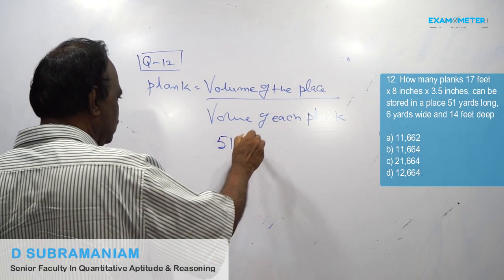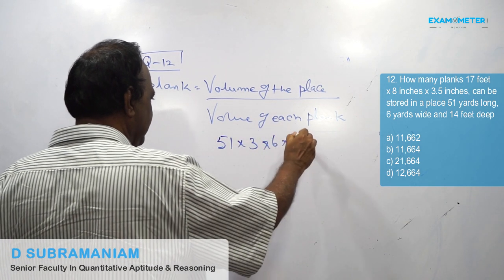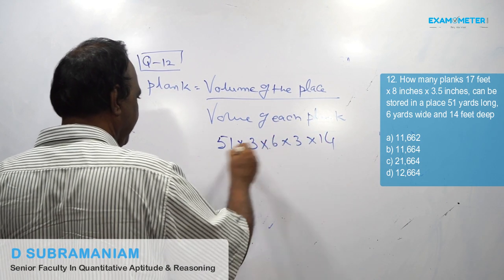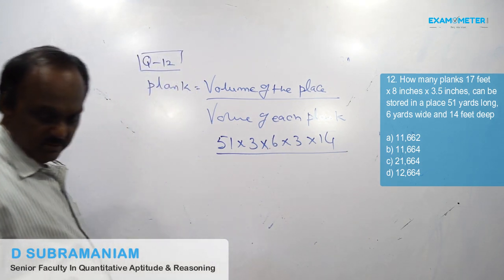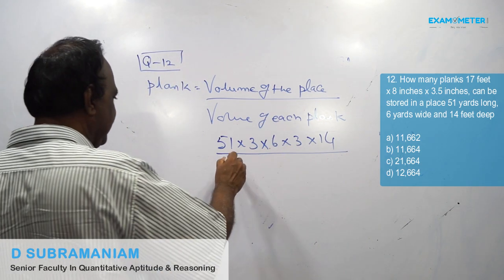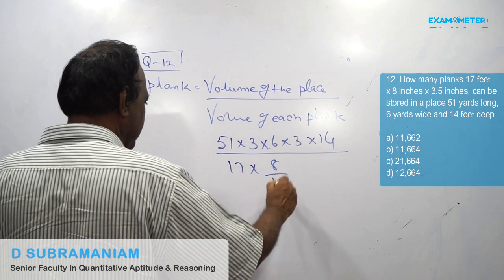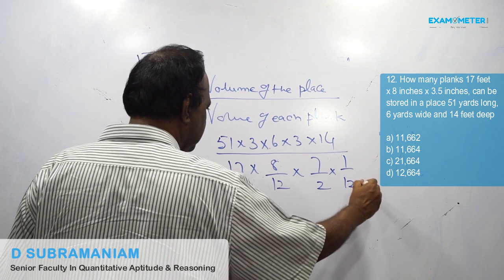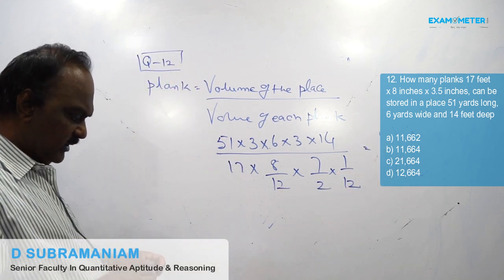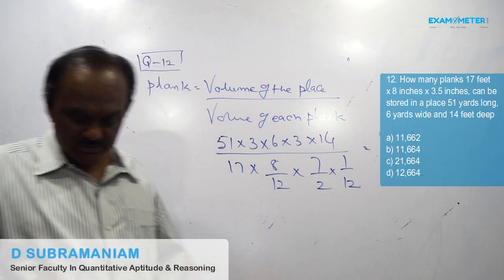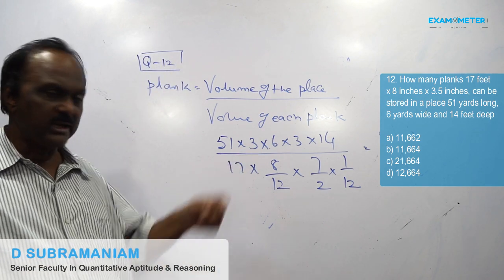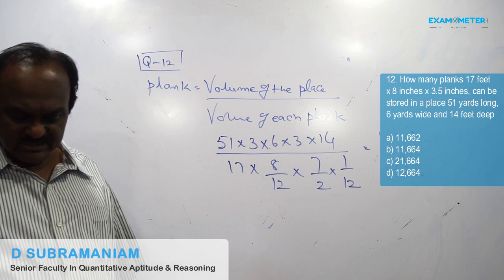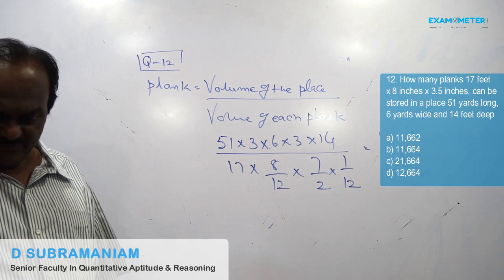So 51 into 3 into 6 into 3 into 14, divided by 17 into 8 by 12 into 3.5, convert it into improper fraction. So if you simplify this, you get the answer as A, 11,664.